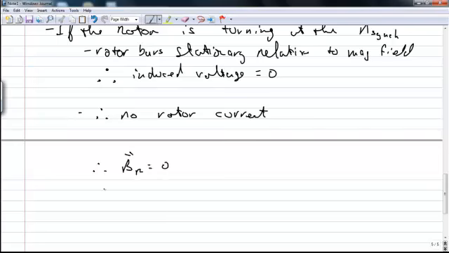B sub R is equal to zero. And if B sub R is equal to zero, then the torque is equal to zero. Because remember, the torque is the cross product between the rotor and stator magnetic fields. Rotor magnetic field goes to zero, torque goes to zero.